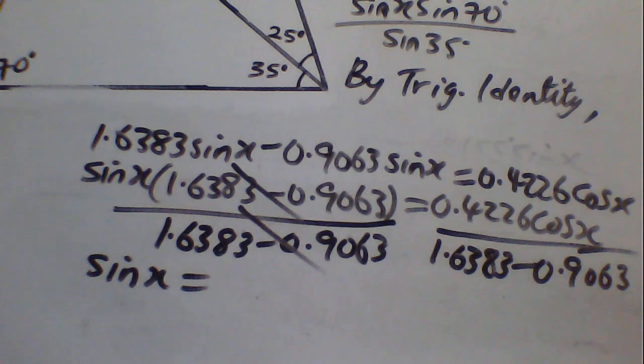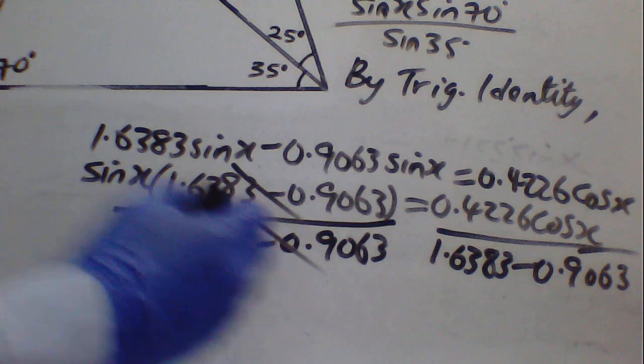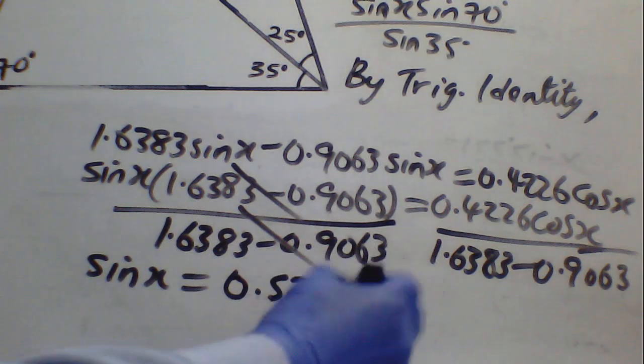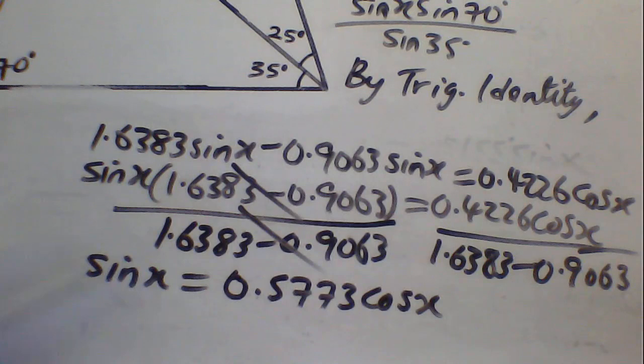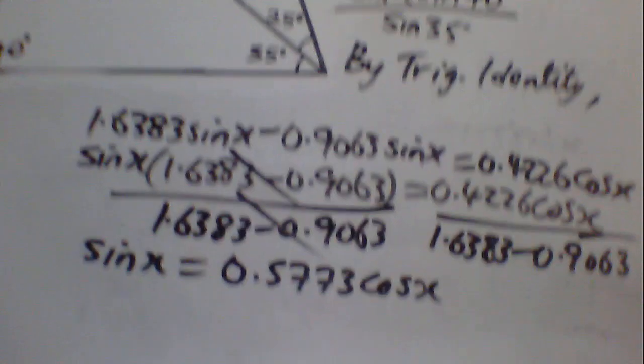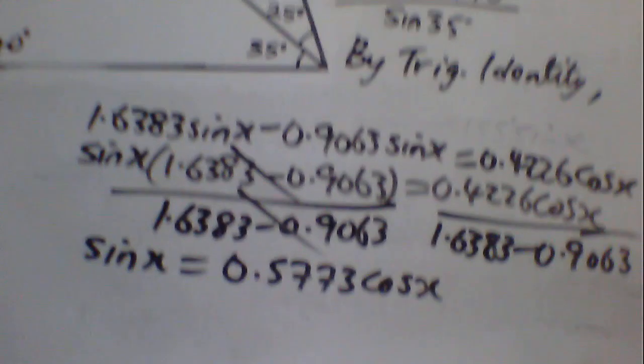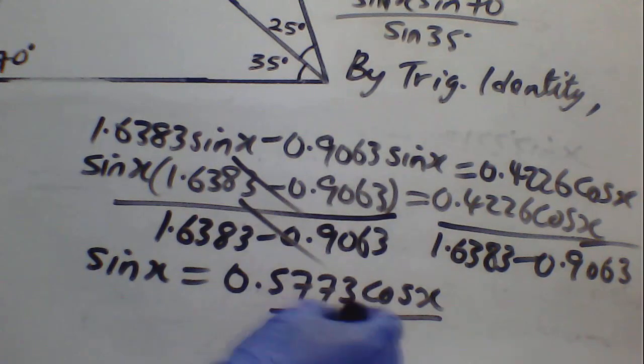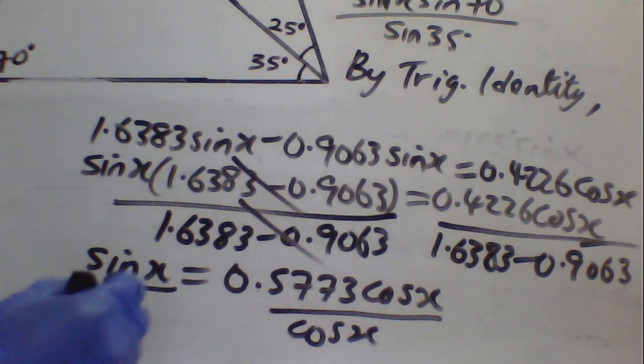Do it immediately using a calculator. If you do that, this will give us approximately 0.5773 cos x. So the next is to divide both sides by cos x, so that number will be alone.